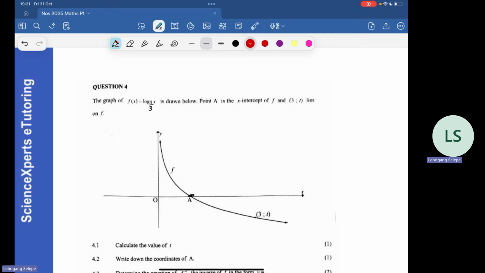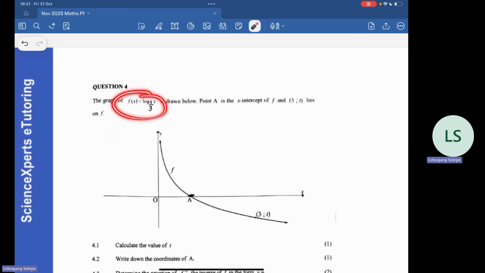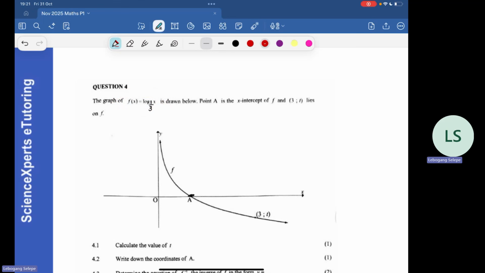Without even looking at the question, we know that the inverse of this graph would be an exponential graph that looks like this, a decreasing exponential graph that has a y-intercept at 1. The equation of this exponential graph would be y equals 1 over 3 to the power x.